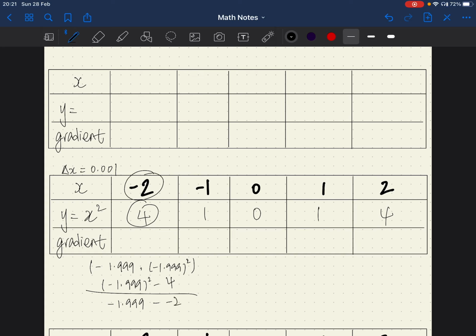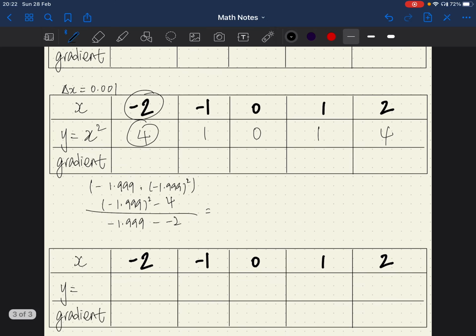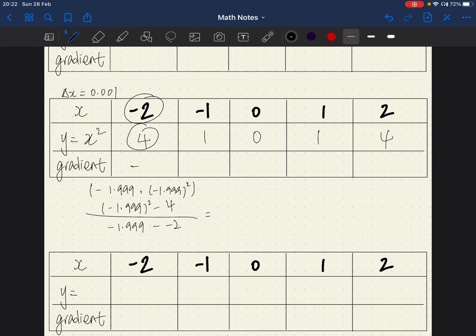So key this in your calculator, and you should get about, or rather, -4, for -3.999.